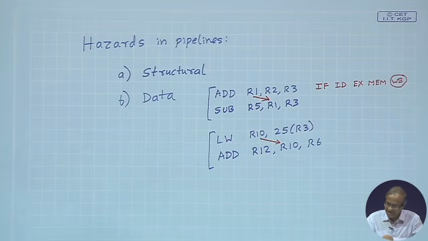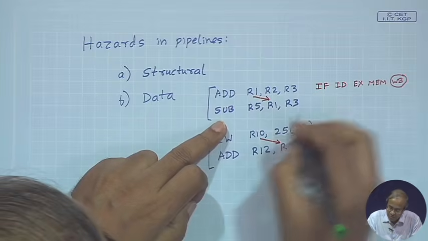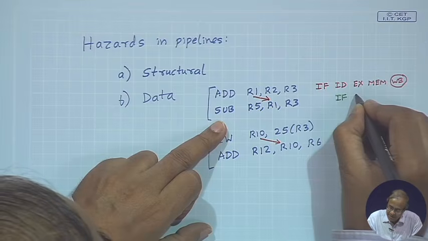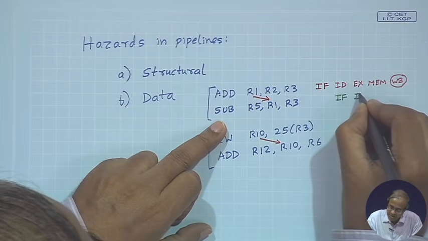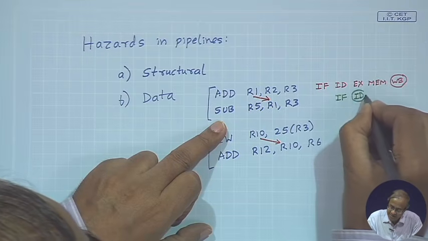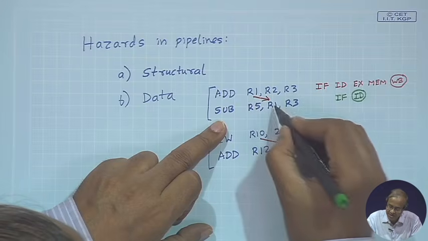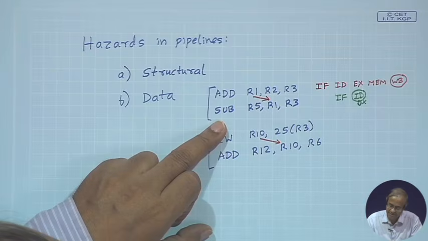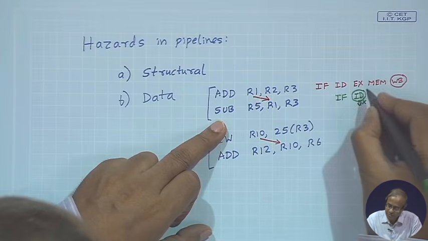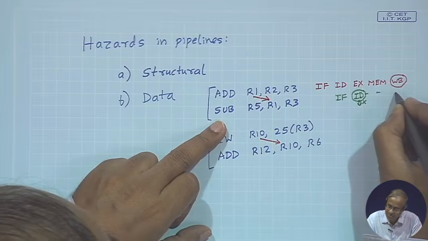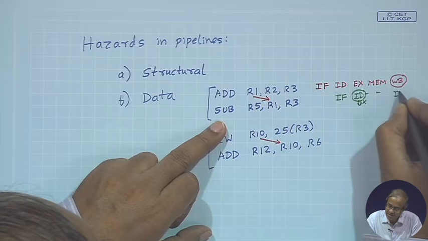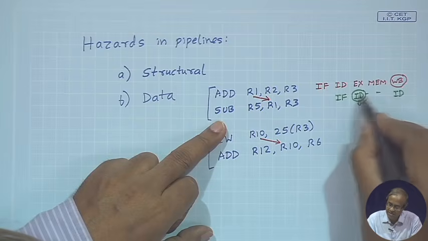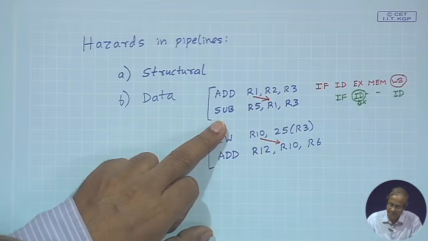For the next instruction, the sub, fetching will be done here and we will try to do instruction decode and register fetching here, but because R1 is not yet ready, you will not be able to fetch the correct register value. So, you will have to wait, possibly doing your instruction decoding here while this is being written. So, two cycles you may have to stall in between.